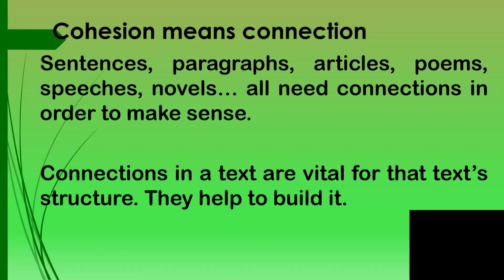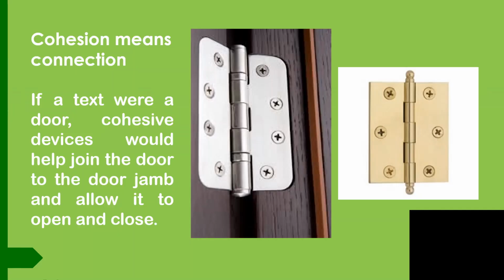Anyway, this is what I try to explain here. I don't know whether metaphors help you see things better, or whether they confuse things even more. But if a text or a sentence were a building or a wall, and there's a door in it, then the cohesive device would be that linchpin.